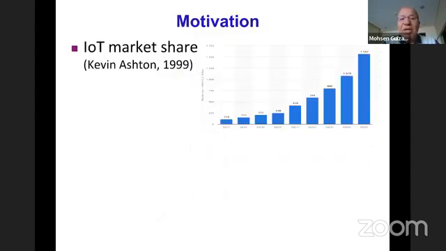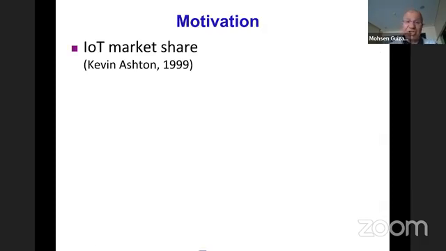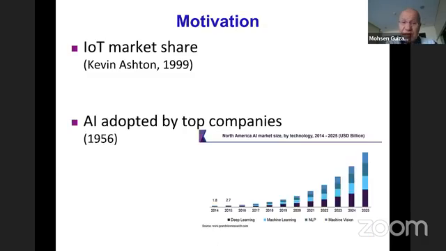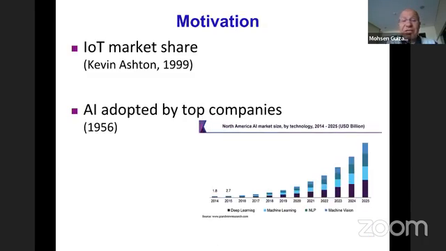IoT was coined, as you probably know, by a professor at MIT, Kevin Ashton, in 1999. Since then, as you can see, the market share of Internet of Things has grown exponentially. Artificial intelligence has been around for a long time, since the 50s.